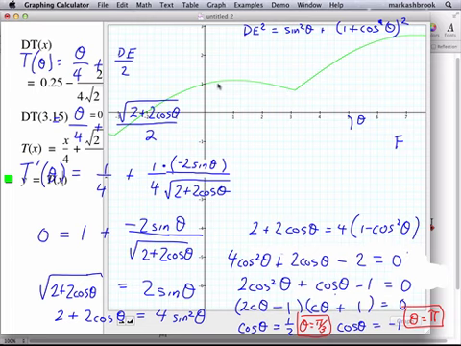Yeah, it works. Yep, there's a max at 1.0472, which is pi over 3, and then minimum at pi. Sweet.